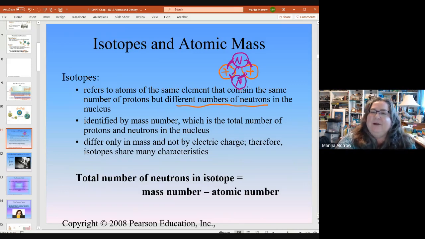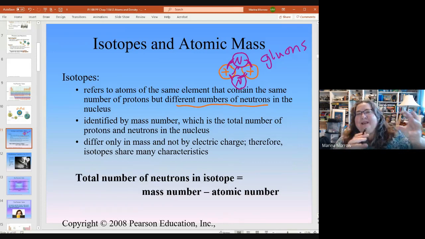They jump around from one nucleon to the other, so from a proton to a neutron, and from a proton to a proton, and they pull them together. So these help glue the atom together. That's why they're called gluons.